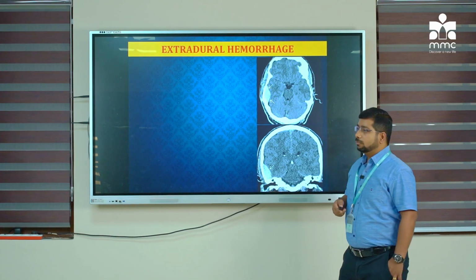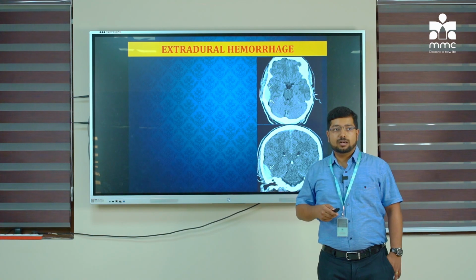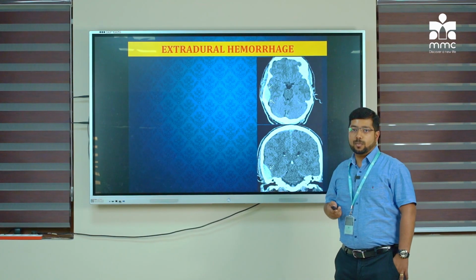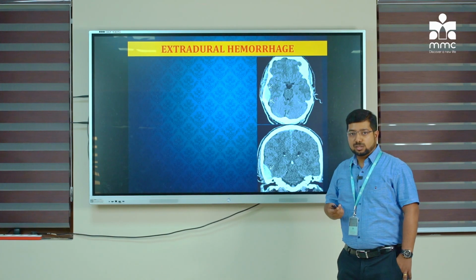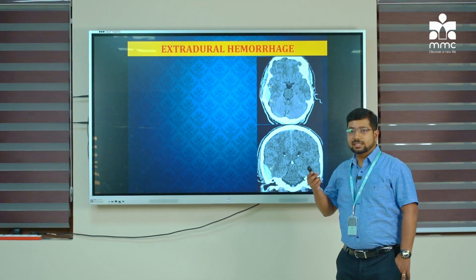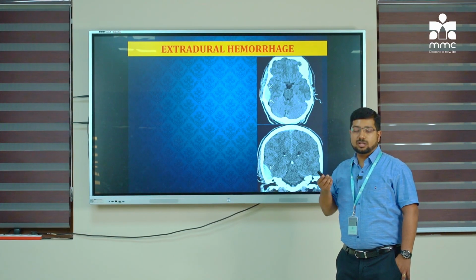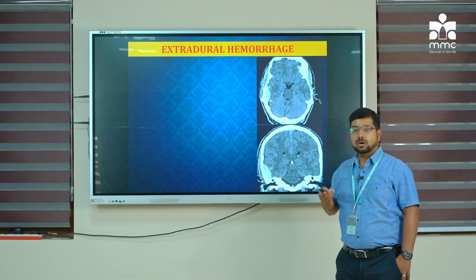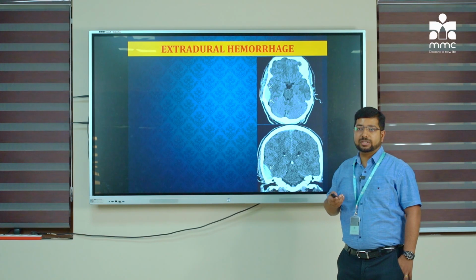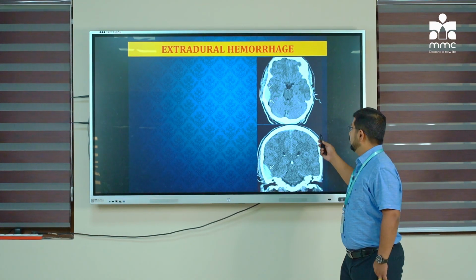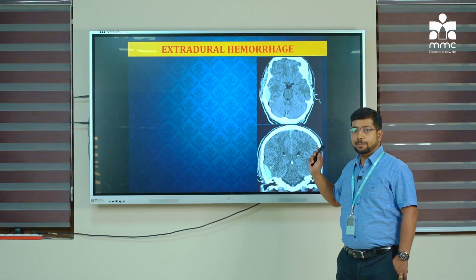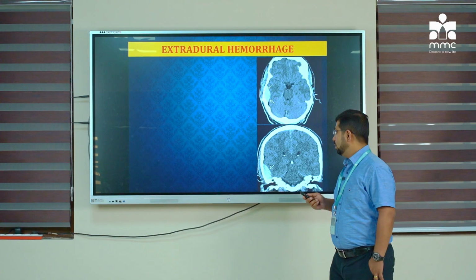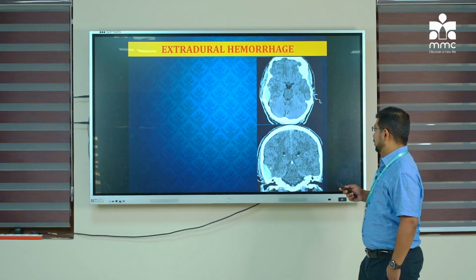So coming to the modalities of imaging. When a patient comes to the emergency with history of trauma and loss of consciousness, and you see an extracranial swelling with bleeding, you have to do a CT scan of the patient. CT scan is basically to look for hemorrhage or intracranial injury when the patient has had a road traffic accident or a trauma.